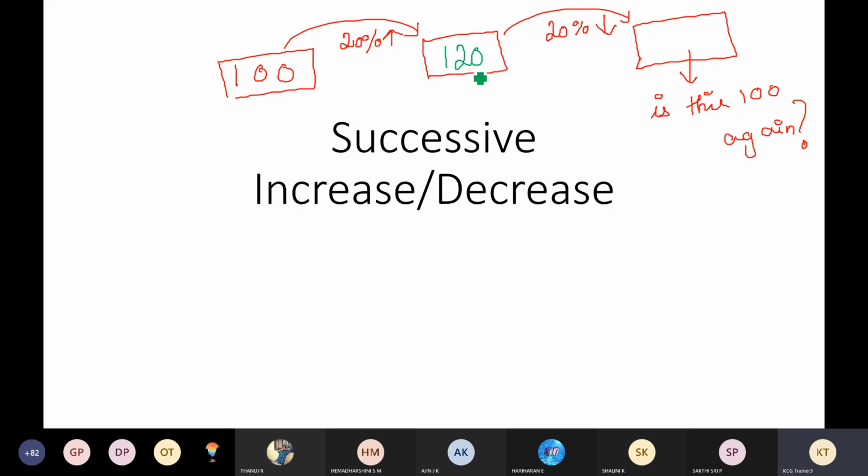What is 20% of 120? 24. Subtract 24 from this, and you will end up having only 96. Is that clear, people? Very good, Alami. If X percentage increases and X percentage decreases, definitely you will not get the same value.